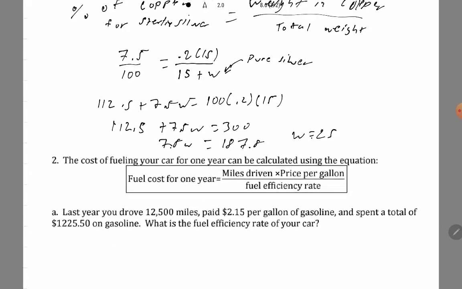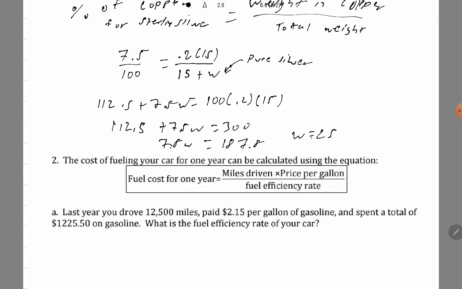The cost of fueling your car for 1 year can be calculated using this equation. Okay, fuel cost for 1 year equals miles driven times the price per gallon divided by the fuel efficiency rate. Okay, so last year you drove 12,500 miles, paid $2.15 per gallon of gas, and spent a total of $1,225.50 on gasoline.